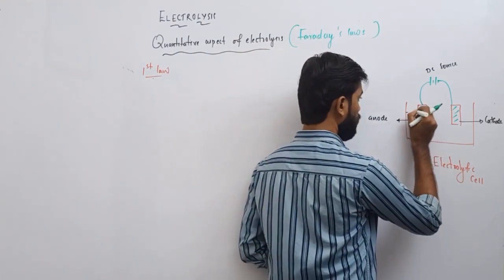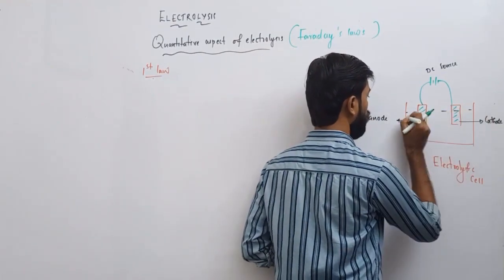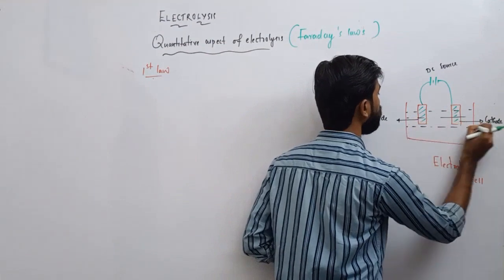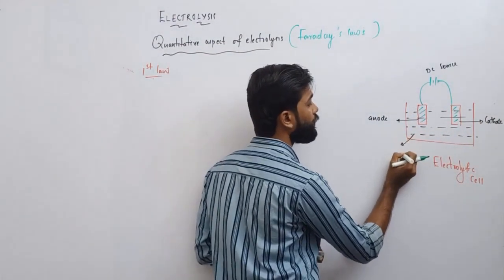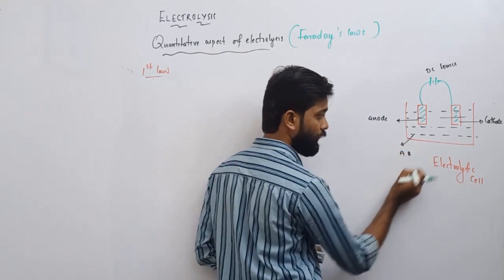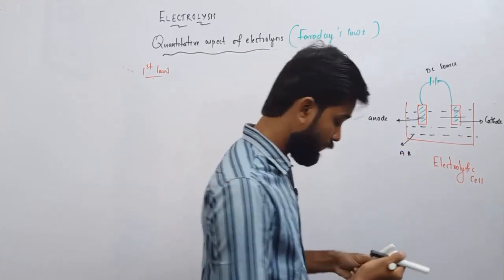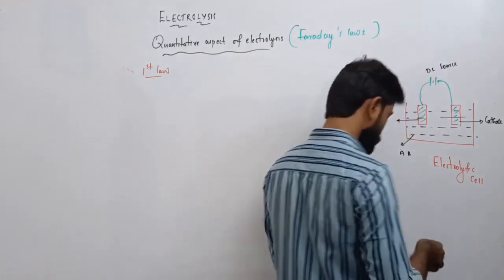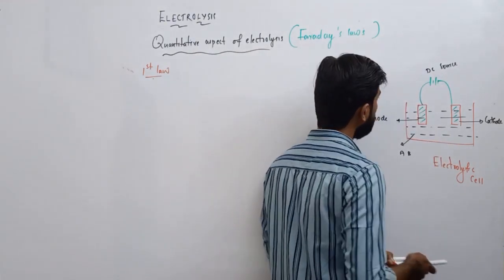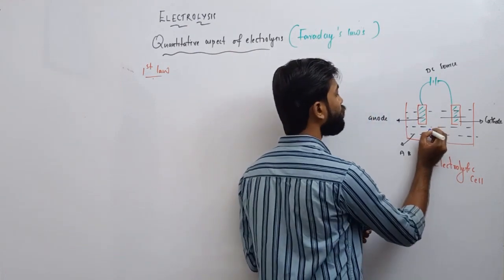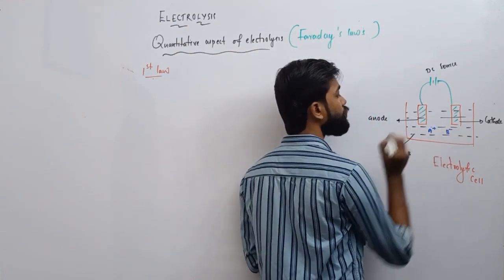And here we filled the electrolyte. Let the electrolyte be AB. The AB electrolyte may have the ions A plus and B minus.